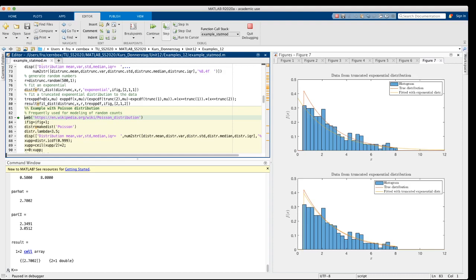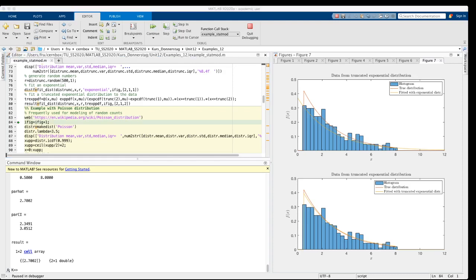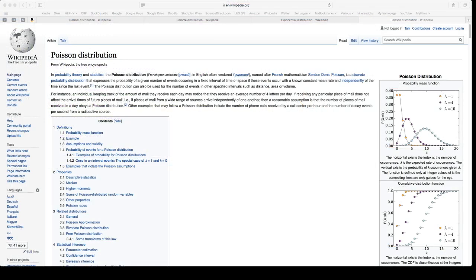So here's the link to the web page. So the Poisson distribution is a discrete distribution. It takes only non-negative integer values.